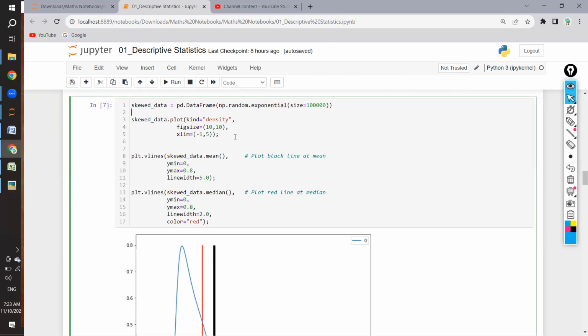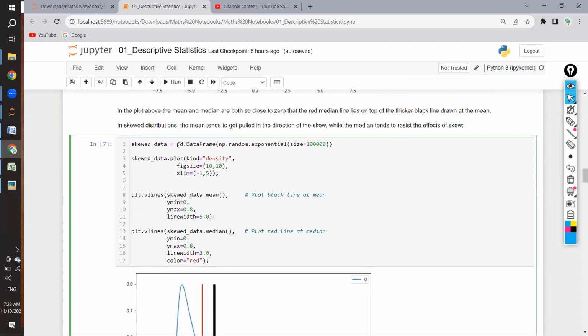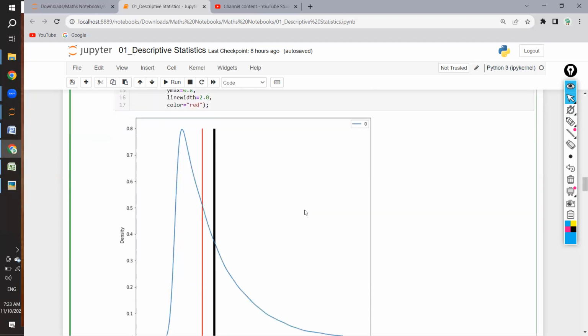So here, I'm using pd.DataFrame and creating exponential data called skewed data, and I'm plotting the same thing with vertical lines, exactly the same. Now if I see the distribution, what's the red line, guys? The red line is the median, right?